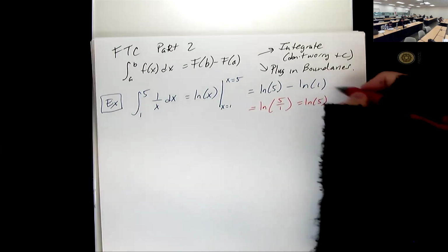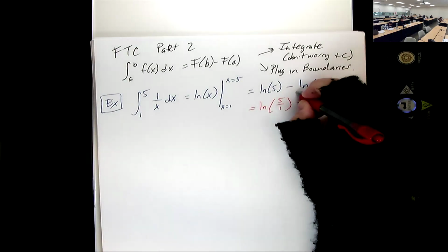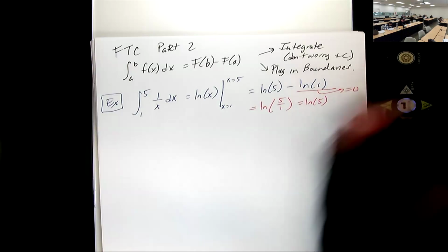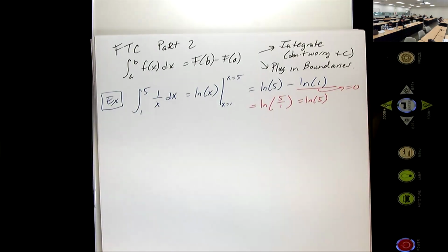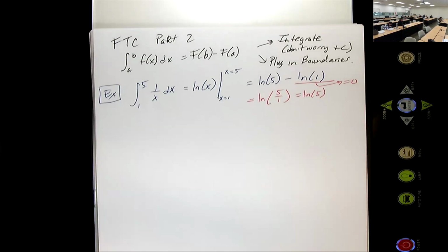Which tells you natural log of 1 equals 0. If you don't remember natural log of 1 is 0, that's the shorter way to do it. Just going natural log of 1 equals 0 and you're stuck with natural log of 5. But if you didn't recognize that and did division, you're still going to get the same answer. That's fun.